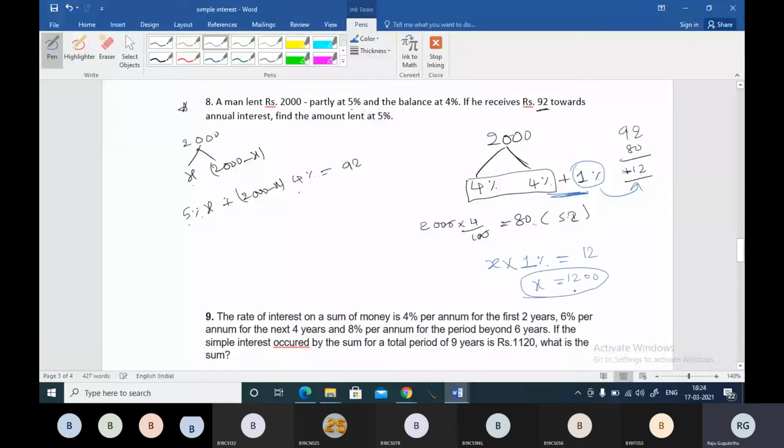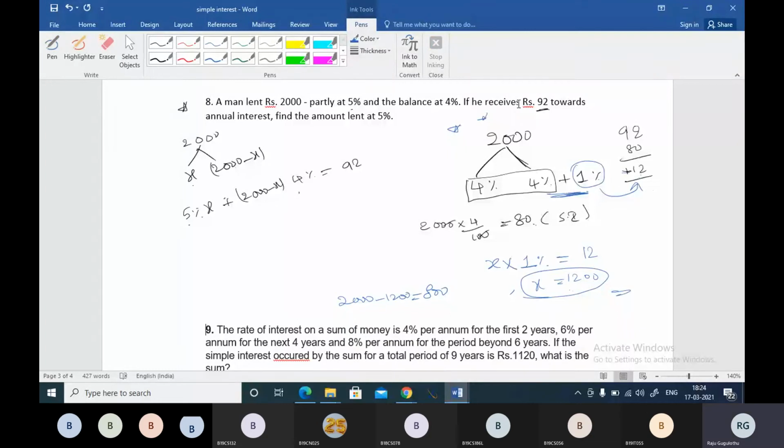So one part will be 1200 and another part will be 2000 minus 1200, which is 800, boss. This is the another part. I hope you understood this shortcut, boss. We have done this kind of shortcut in percentages also, right? Any difficulties in the shortcut, you can ask me, friends.